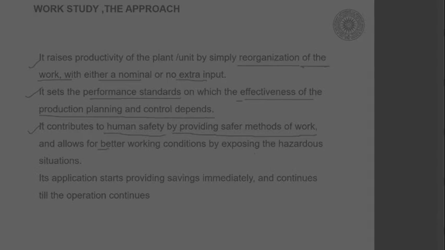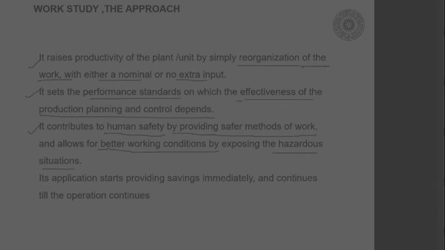Because of the melting, there will be so many gases, fumes and high temperatures, and there will be a hazardous situation on the shop floor. That has to be avoided, and for that, dust extraction plants or temperature controllers should be employed. So it contributes to human safety.